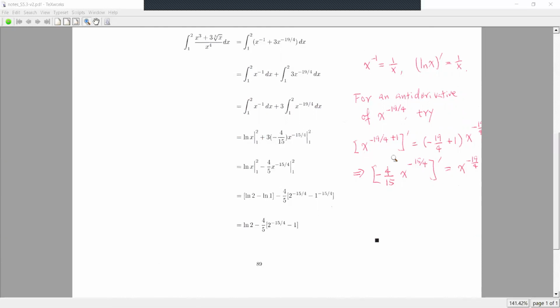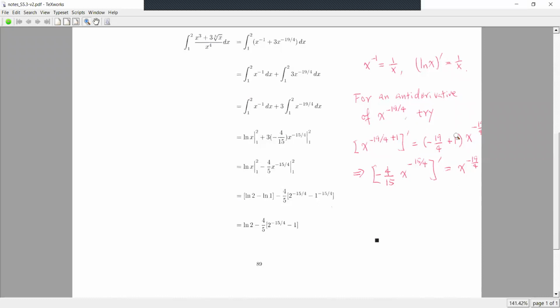Then by the power formula, the derivative of x^a is a times x^(a-1). Here a minus 1 is negative 19 over 4, so a is negative 15 over 4. Now this number is negative 15 over 4.